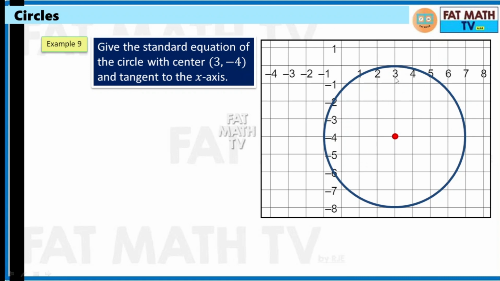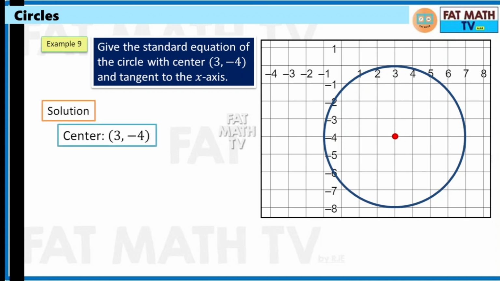So if it touches the x-axis at only one point, what is the radius of the circle? You can just count 1, 2, 3, 4. Or here 1, 2, 3, 4. So 4 units. So the radius of the circle, so that it is tangent to the x-axis, should be 4 if its center is at 3, -4.